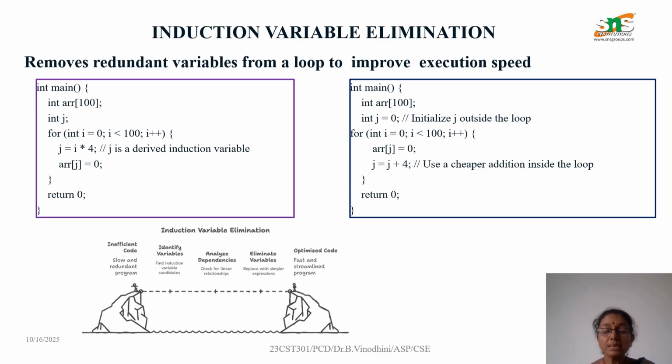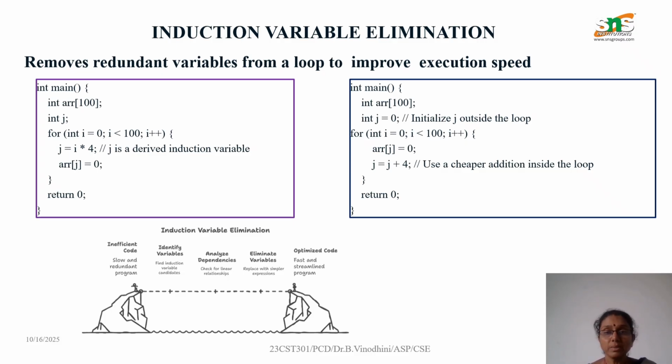There, j, the induction variable, is moved outside the loop and initialized outside. Second, we use the cheaper addition inside the loop. That improves the performance and also reduces the cost of execution.